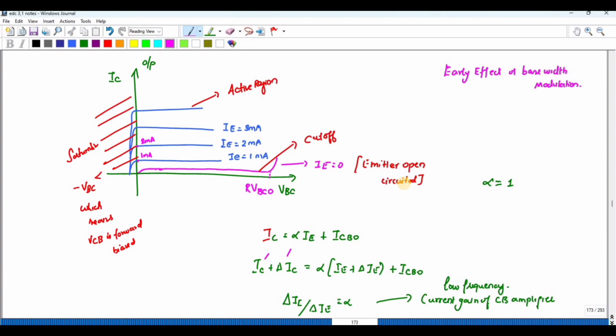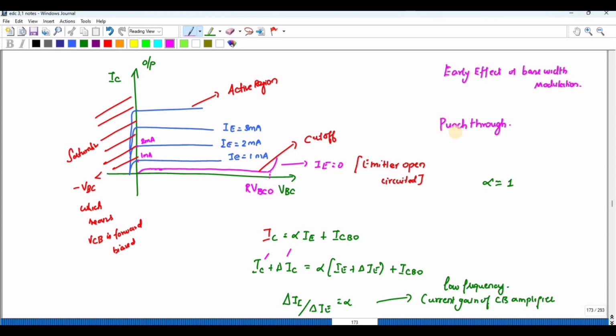This will cause voltage breakdown in the transistor. That effect is called punch through. These are the consequences of base width modulation.